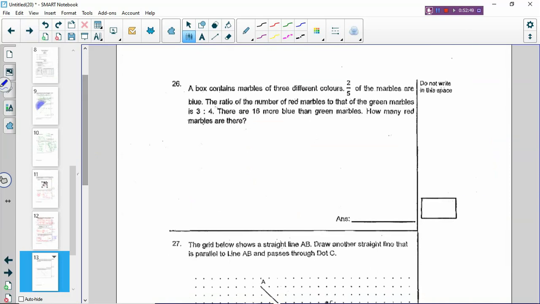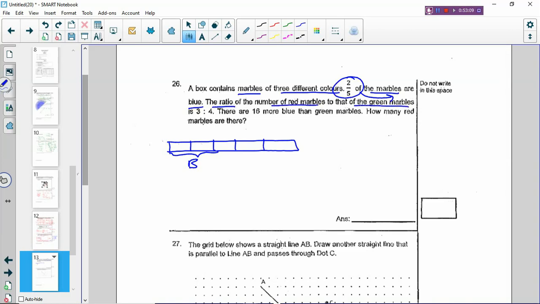Like when you see fractions, ratio, you can draw. A box contains marbles of 3 different colors. 2/5 of the marbles are blue, which means there are 5 boxes. You draw a rectangle, cut into 5 boxes, and 2 boxes are blue. And the ratio of the red to the green. So can you see the rest of this model? What color do you call it?